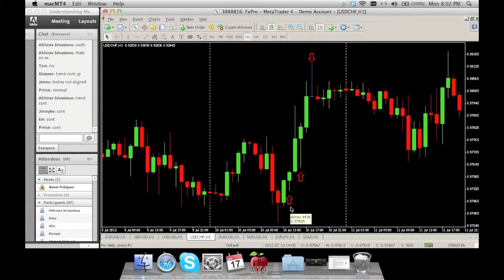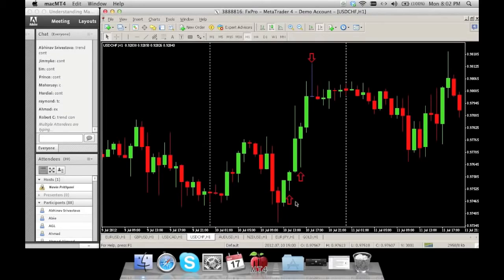Continuation, continuation, continuation. Okay, good. Arrow number two. What would you say? Okay, Michelle, it's also a continuation. Both of these are trend continuation. These are upside down exhaustion candles.